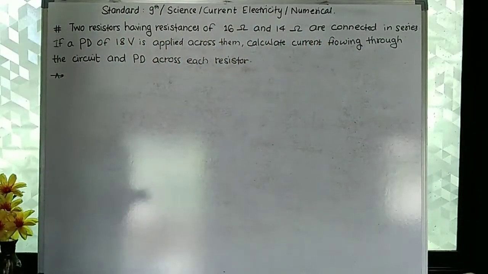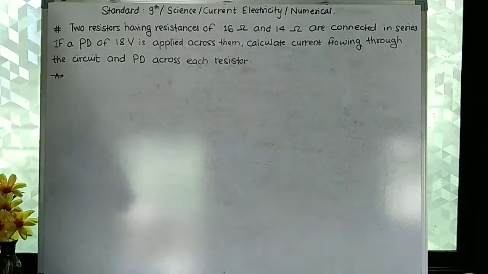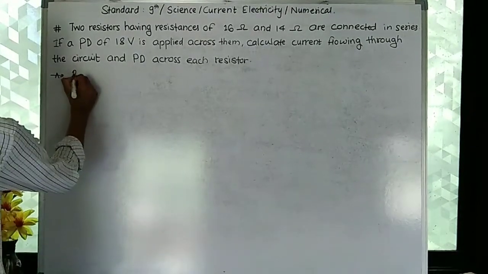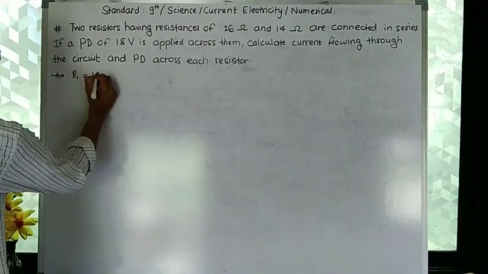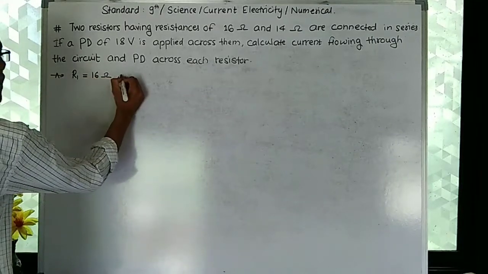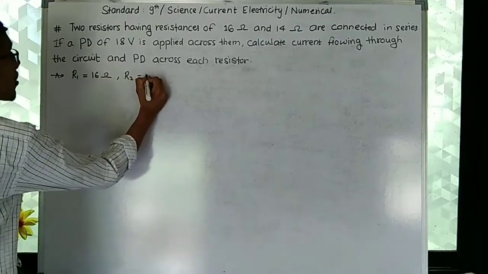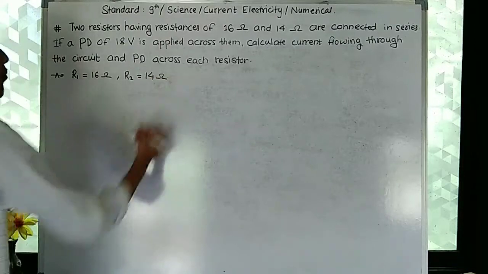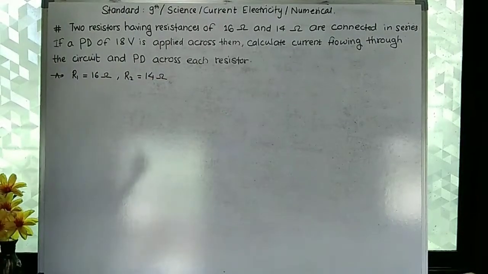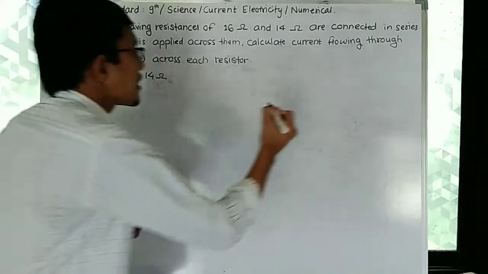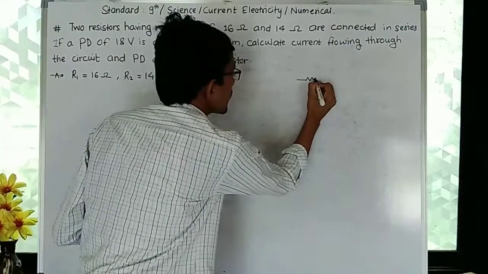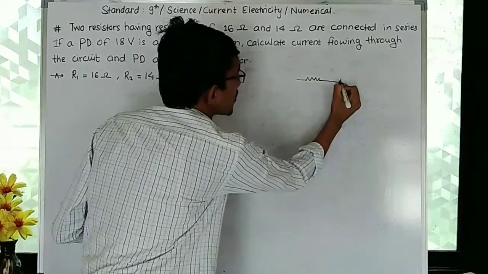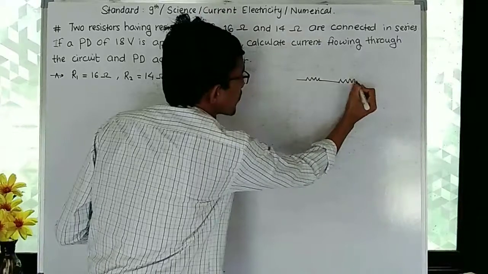Two resistors having resistances of 16 ohm and 14 ohm. So there are two resistors, R1 is equal to 16 ohm and R2 is given as 14 ohm. They are connected in series. So there is a series connection between the resistors.